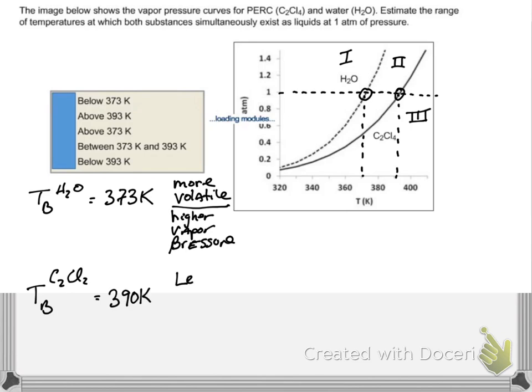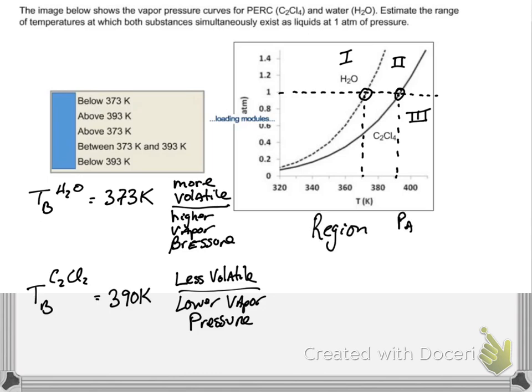That higher boiling point means that it must be less volatile than water, and it has a lower vapor pressure than water. In the different regions, this is really important, especially in terms of separations. So we're going to look at the phase of water and the phase of the C2Cl4.